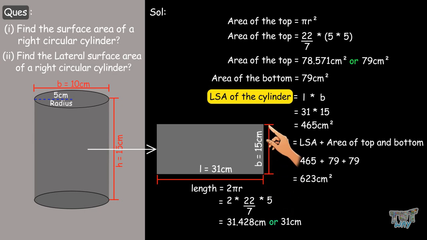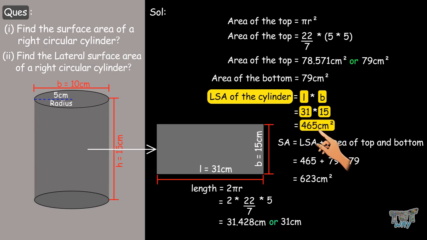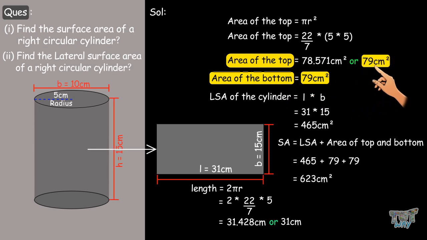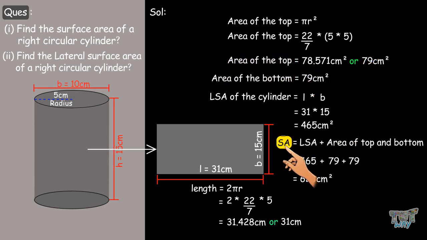So area of this rectangle is 31 times 15, or length times breadth, which equals 465 centimeters squared. This is the lateral surface area. And we have already calculated the area of the top and bottom, which is 79 centimeters squared. So surface area will be 465 plus 79 plus 79, which equals 623 centimeters squared. So surface area of the cylinder is 623 centimeters squared.